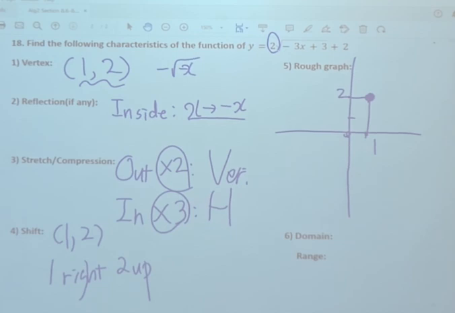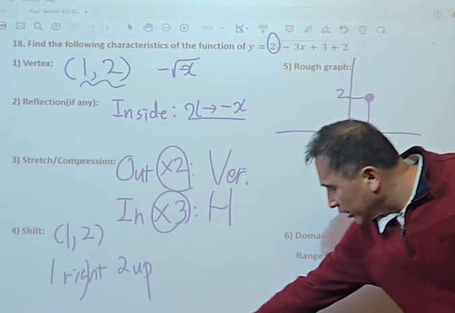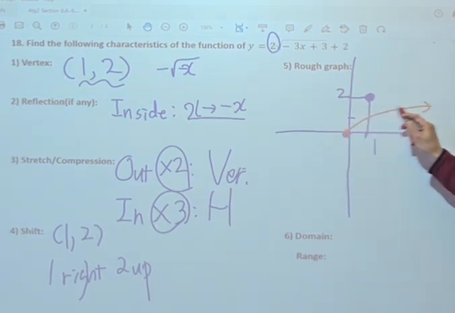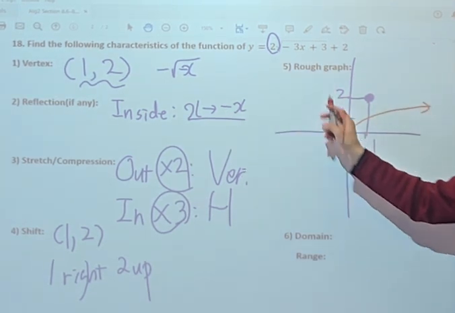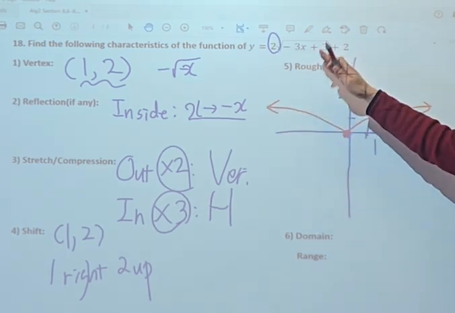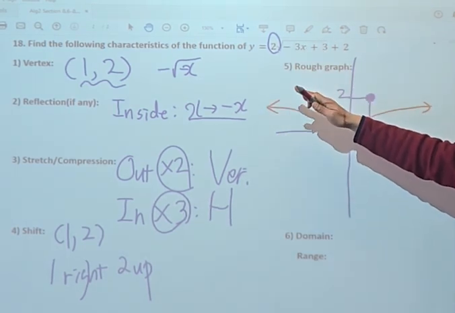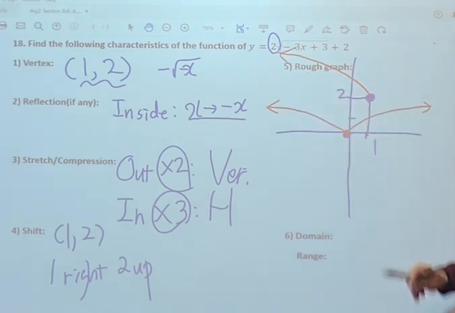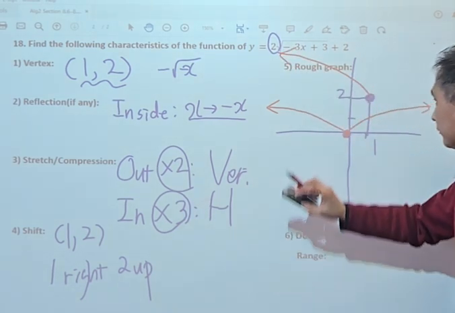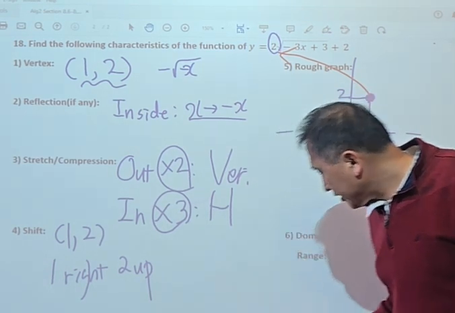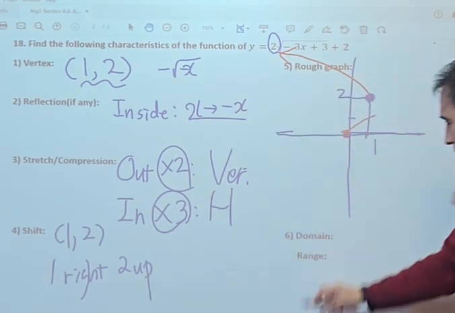Actually, this graph originally was like this: starting point here, and then going like that. With the y-axis reflection, it becomes like that. Stretch and shrink just make it bigger or smaller, and then moving, it'll be something like this.